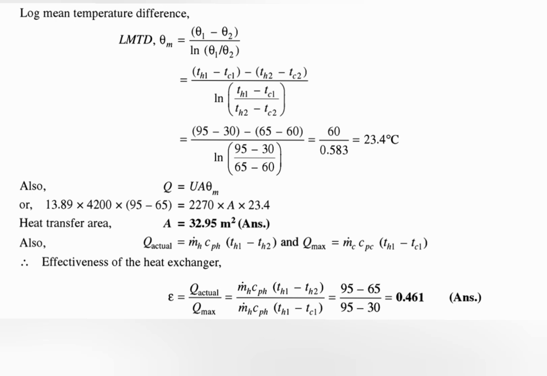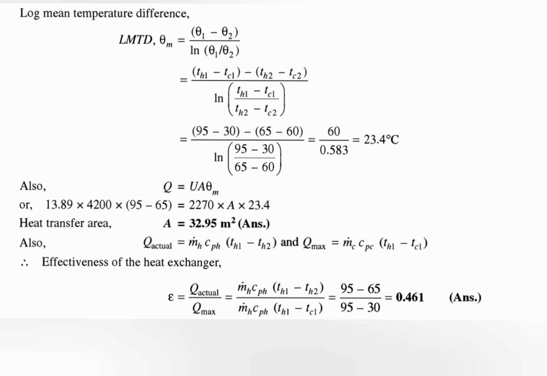So I know the heat transfer equation, Q is equal to UA theta m. The equation connecting the logarithmic mean temperature difference and heat transfer is simply UA theta m. I already have Q, which can be defined either by the heat lost by the hot water or the heat gained by the cold water.